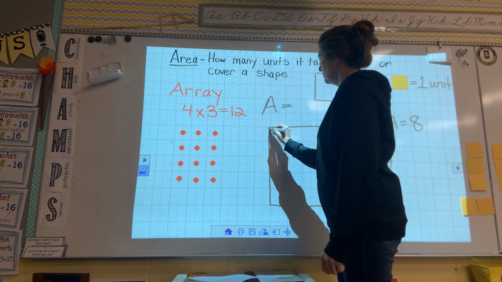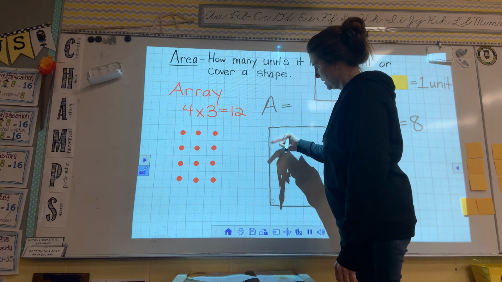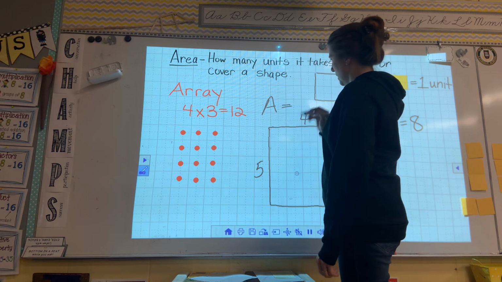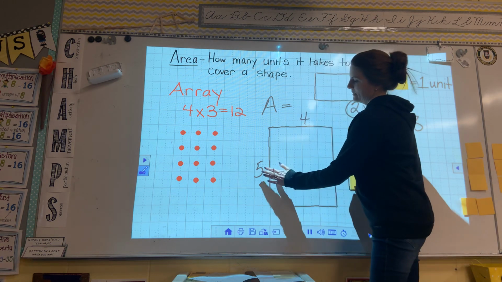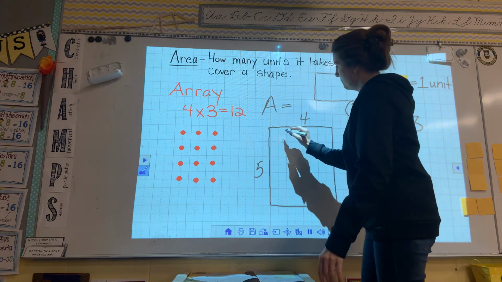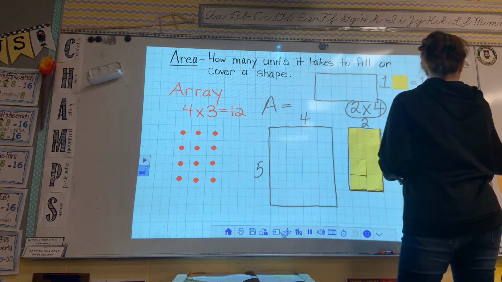Okay, and I told you that this was 5, and I told you that this was 4. Would it make sense for us to just take the 5 and the 4 and add them up? Let's see, if we did that, it would look like this.